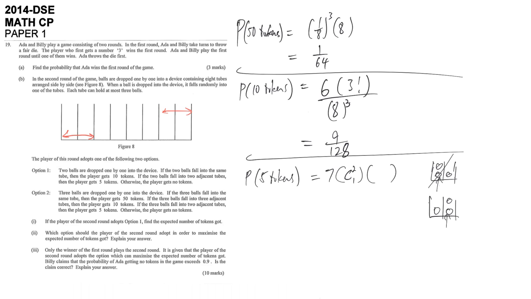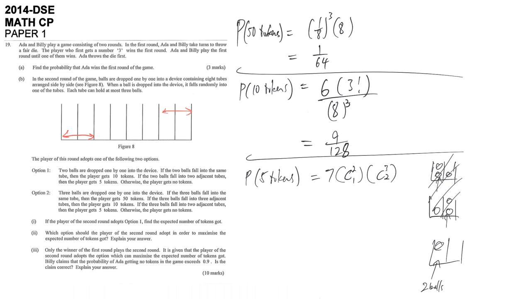After that, we have to consider that we have already confirmed this tube has 2 balls, and then we have to think how to rearrange it. We have 3 balls, and we have to put 2 out of 3 inside this tube. So the number of choices is 3C2.